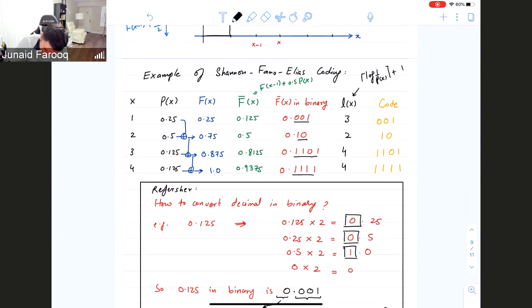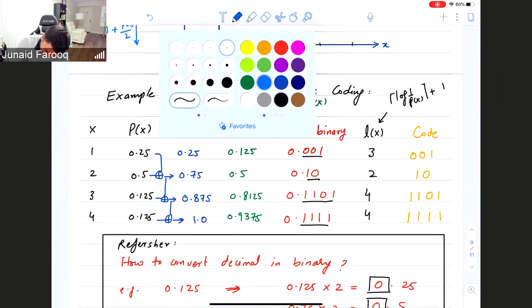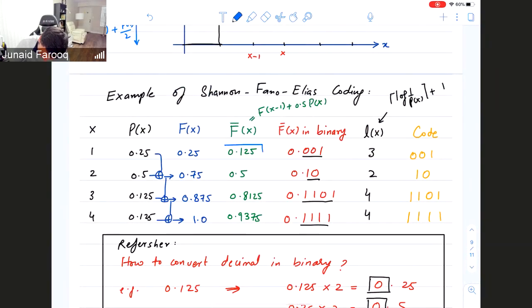Okay, so let's look at the first number. This number is equal to 0 plus 0.25 over 2.